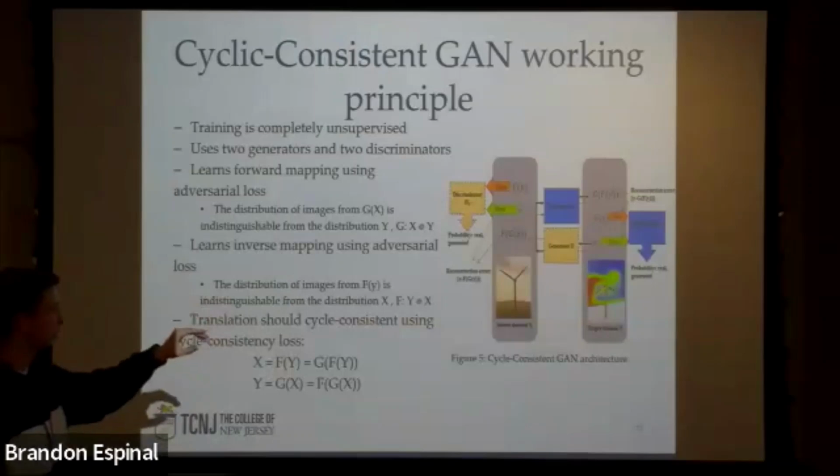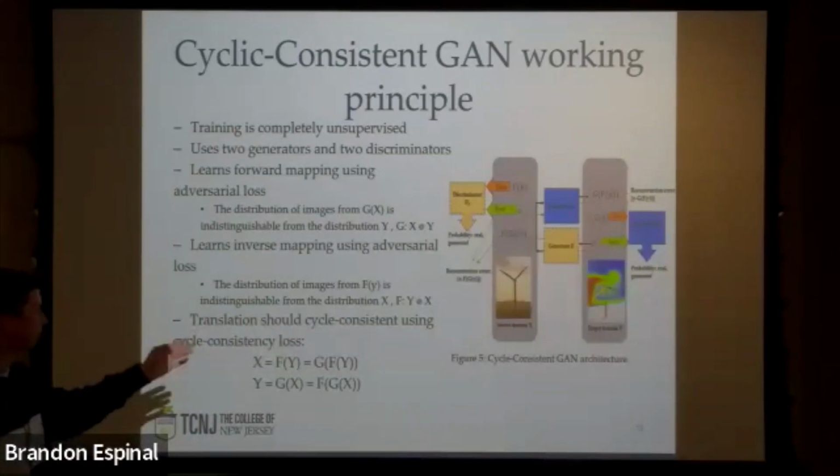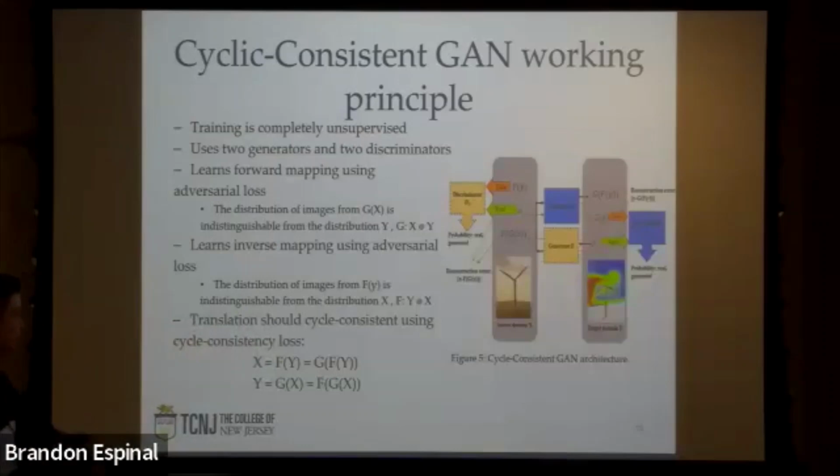F goes from Y to X, and G goes from X to Y. So any data point from Y should be identical to its G of F of Y, right? And the same thing with X and F of G of X. They should be inverses of each other. So that extra error is the main point of how these cycle GANs work.